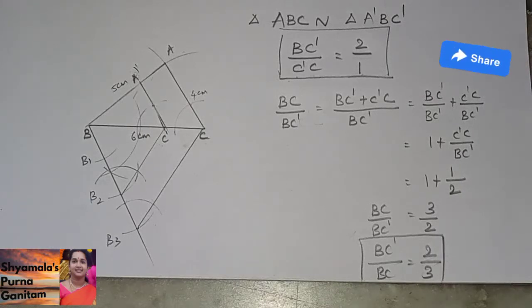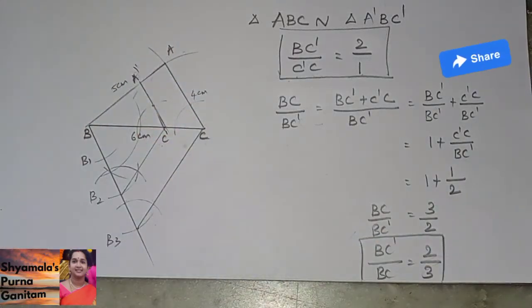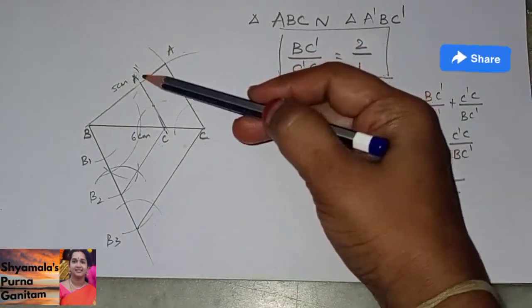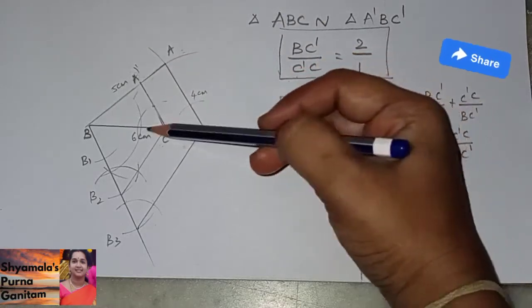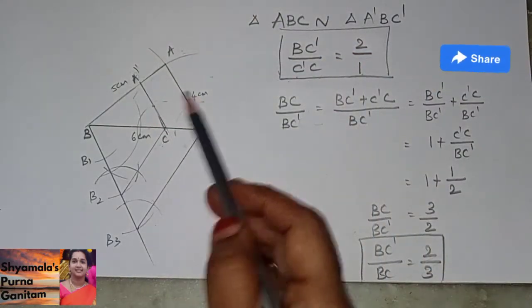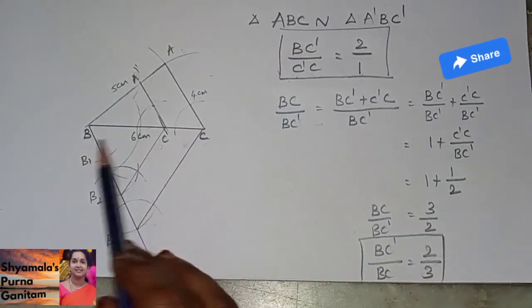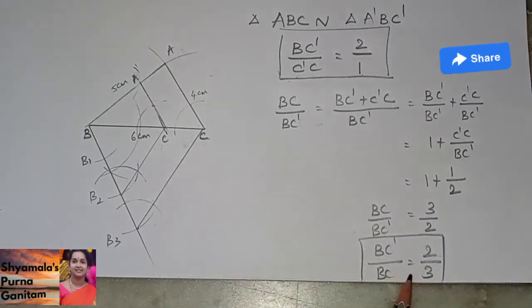The same way we can do for the other sides also. The same way we have constructed A dash C dash and AC parallel to each other. So one pair is parallel, and this side is proportional, that is BC dash and BC sides are proportional, 2/3.